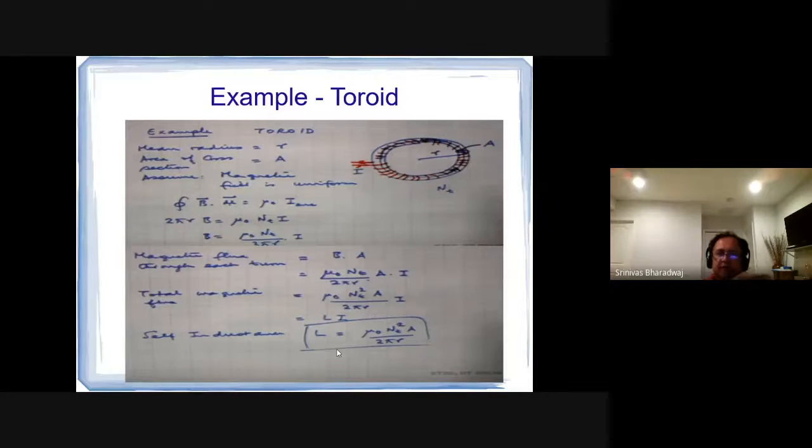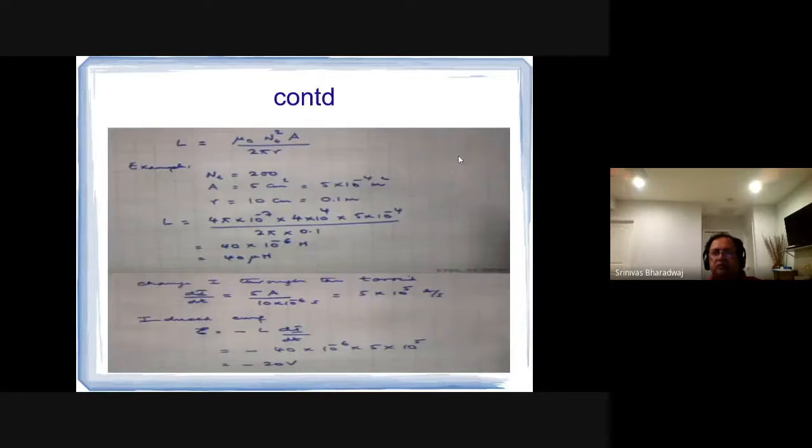So the A here is the pi r squared of this one. The 2 pi r here is the radius of the toroid itself, the big circle. This one, A, is the radius of the inner one. Maybe it's a square toroid, also.